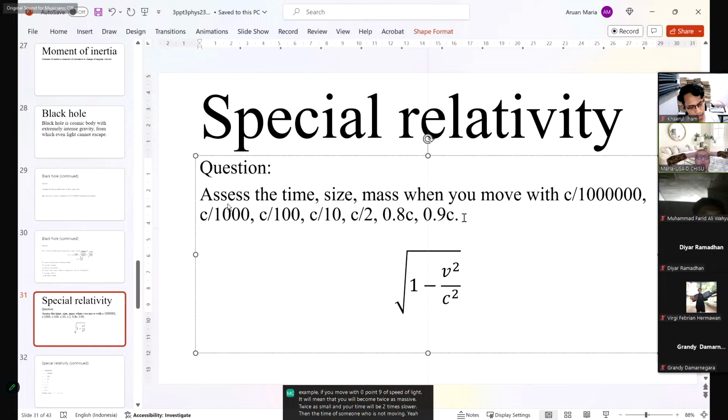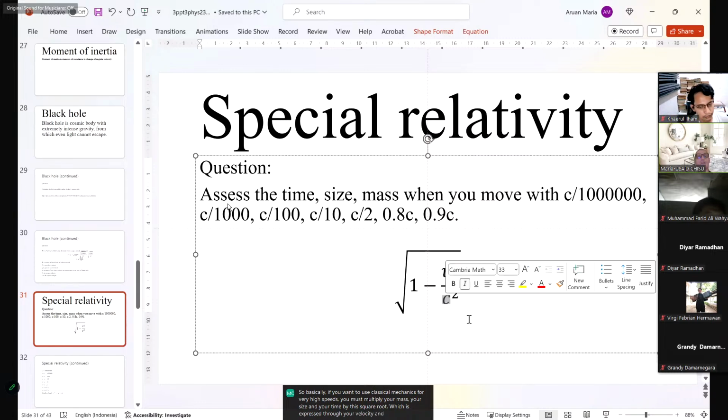Yeah, you slow down your time if you move fast. So basically, if you want to use classical mechanics for very high speeds, you must multiply your mass, your size, and your time by this square root, which is expressed through your velocity and speed of light.